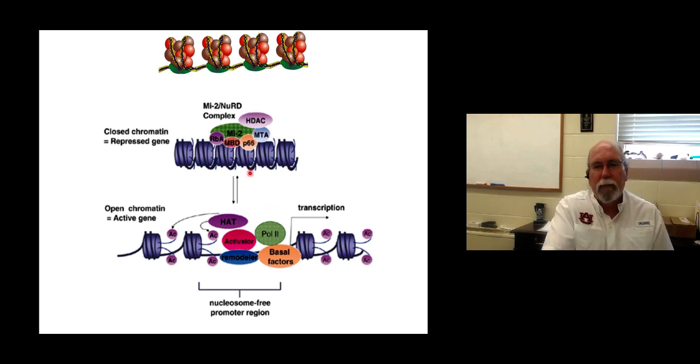If you want to open it up, you use HAT, which are acetylases, and you acetylate those tails. Once you acetylate those tails, it starts to loosen the DNA from the nucleosomes, changes some of the charges, and also allows these promoter molecules, and ultimately RNA polymerase, to come in, and the transcription process can proceed.